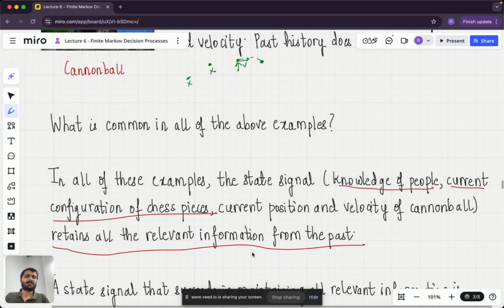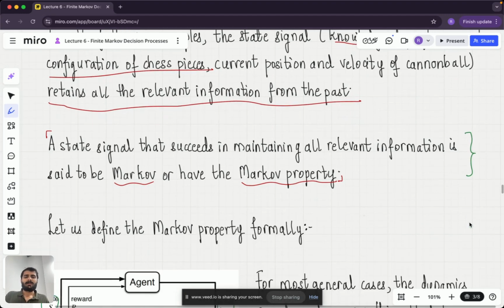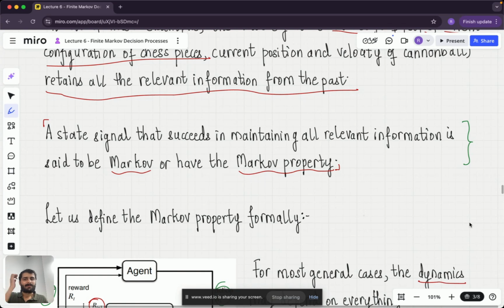The current information is stored entirely in the state signal. And a state signal that succeeds in maintaining all the relevant information is said to be Markov, or said to have the Markov property. So we can of course define it formally as well, but I want all of you to make this intuition strong.